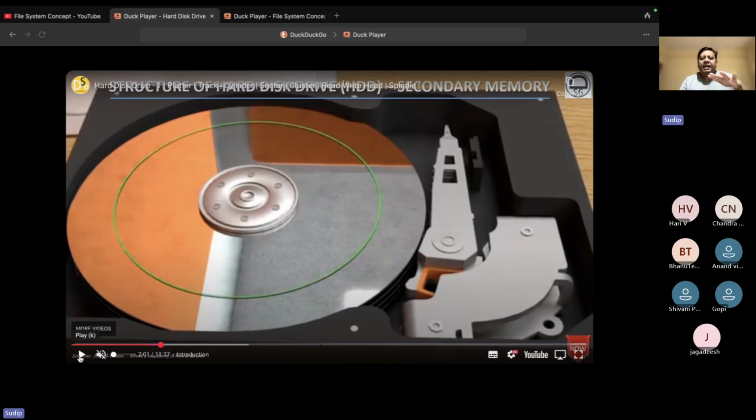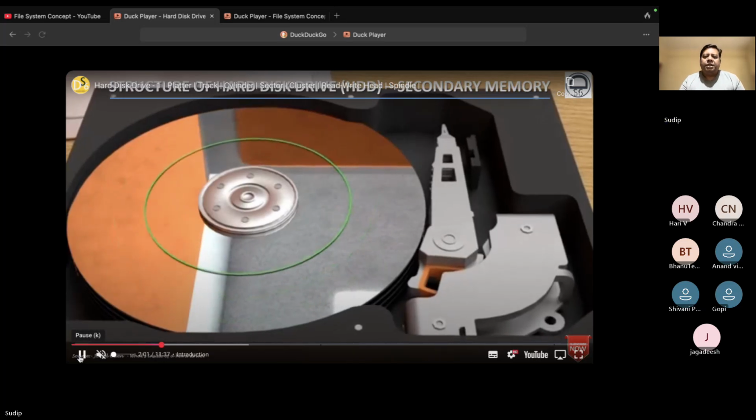That means there will be tracks on the top surface and there will be tracks on the bottom surface also. What are these tracks? These tracks are nothing but concentric circles. Right from the outer edge of the magnetic platter, they will come in like this, just like the tracks on a gramophone record. Exactly the same analogy.